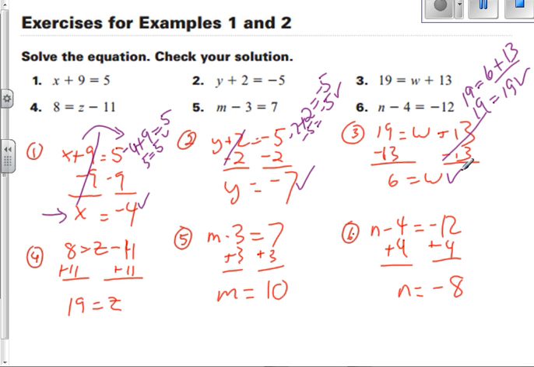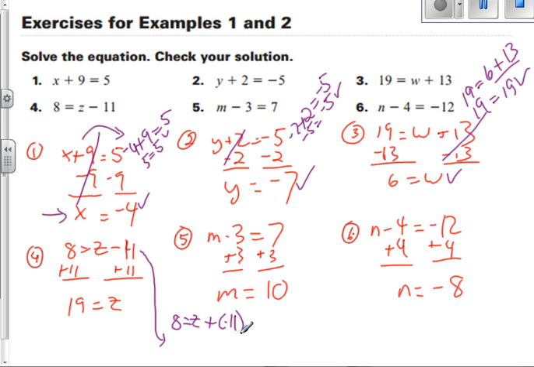Let's look at number 4 down here. 8 is equal to z minus 11. So we're going to add 11. And I don't know if you've picked up, there are 2 ways to actually do this. You can do the inverse operation. If I'm subtracting a number, just add a number. Or, there's another way to write this. I could say 8 is equal to z plus negative 11.